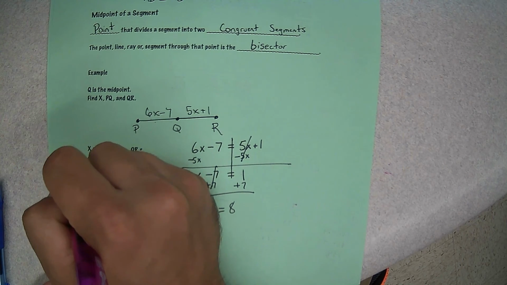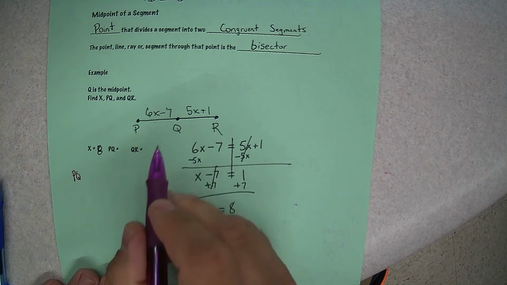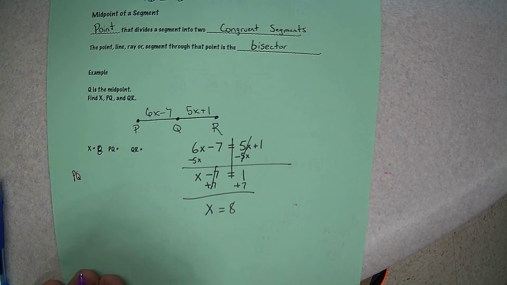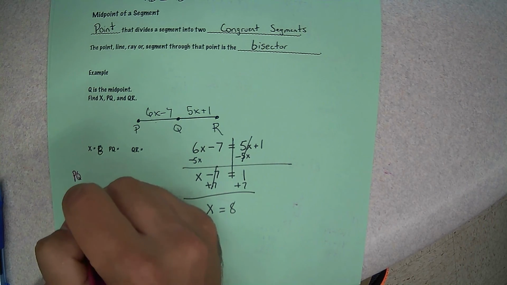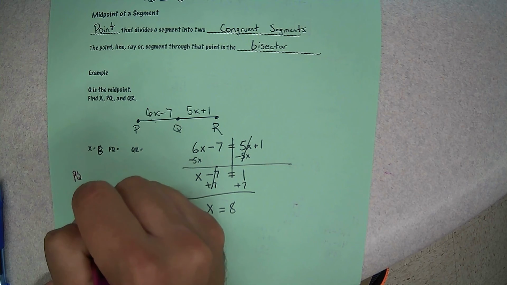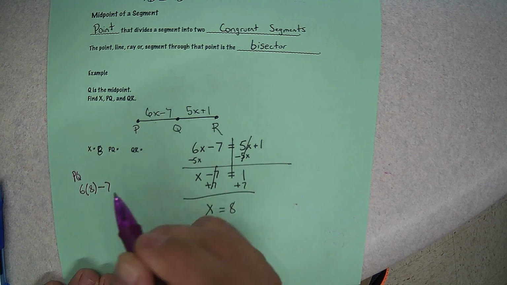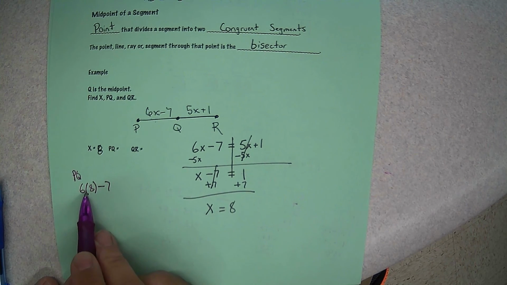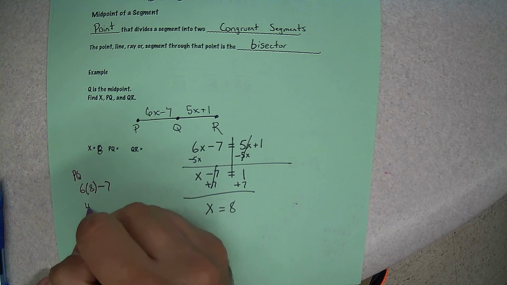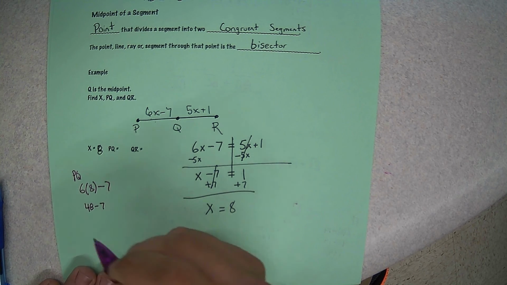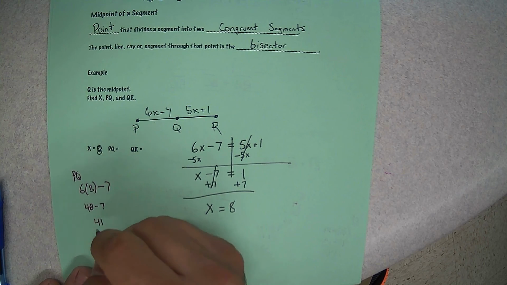So PQ, remember, is 6x minus 7, but x is 8. So it would be 6 times 8 minus 7. 6 times 8 is 48, minus 7. 48 minus 7 is 41.